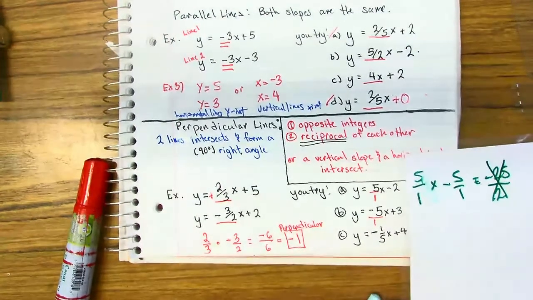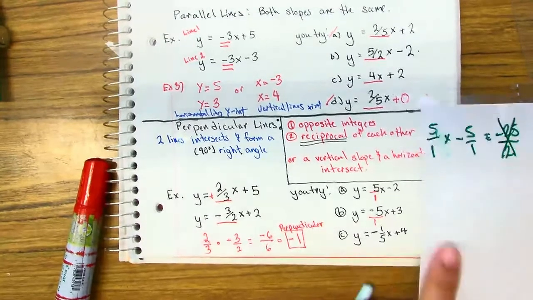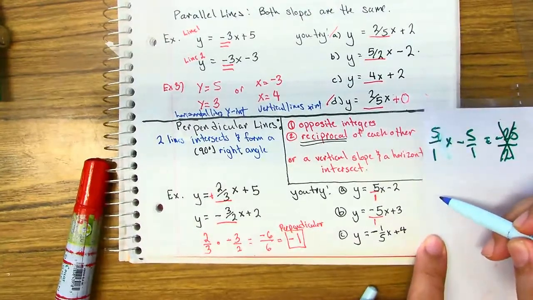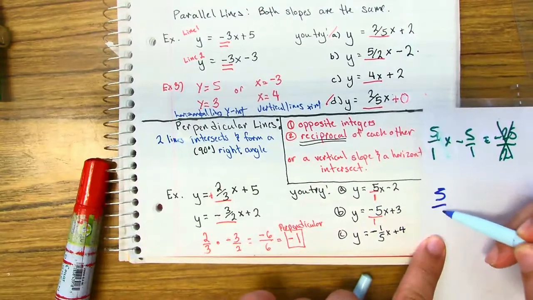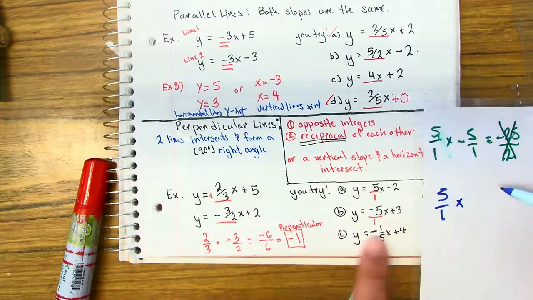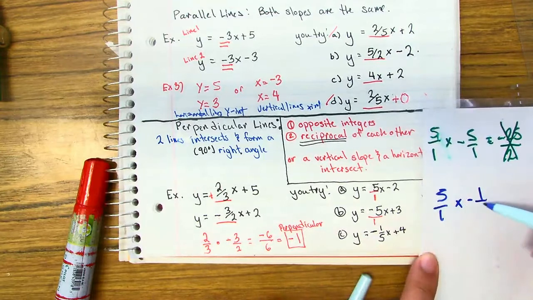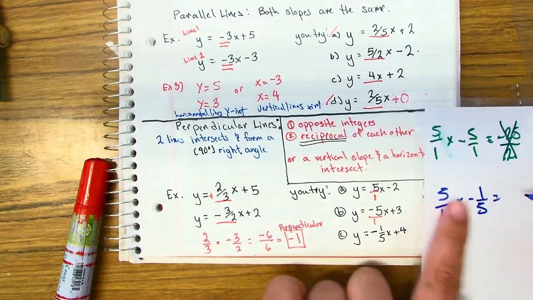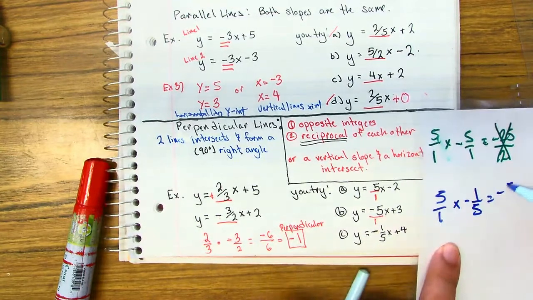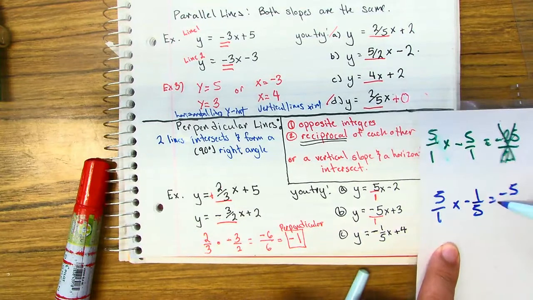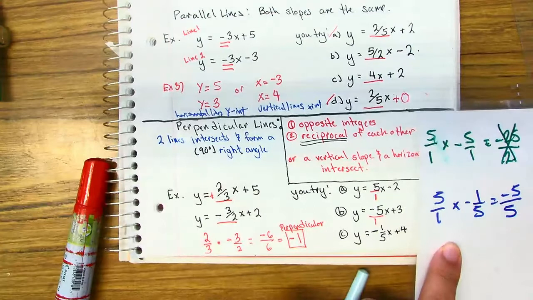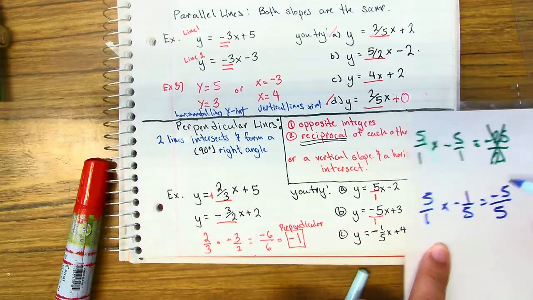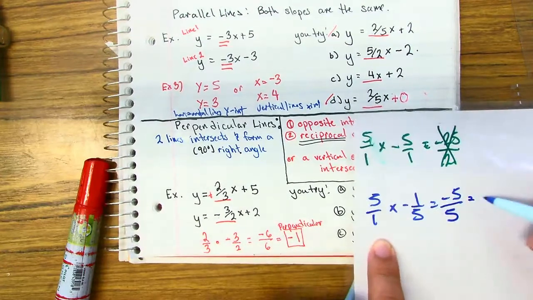We'll try A and C, which is 5/1 times -1/5, equals 5 times -1, here is -5, and 1 times 5 is 5. -5 divided by 5 will equal -1.